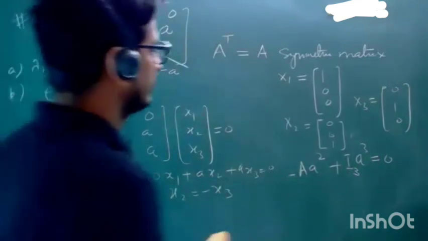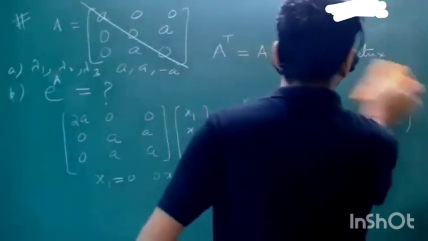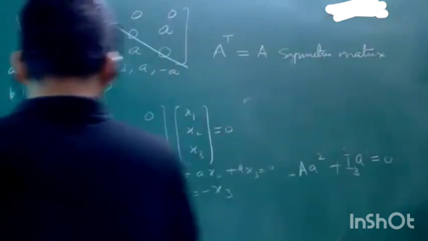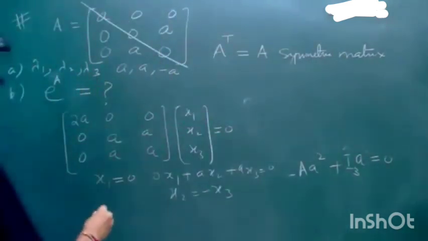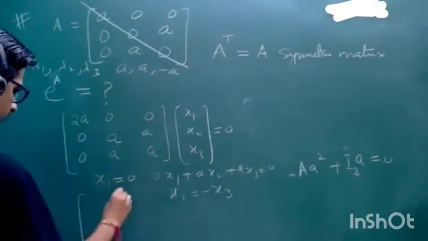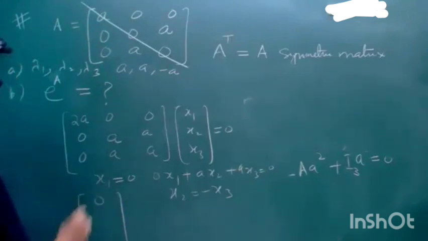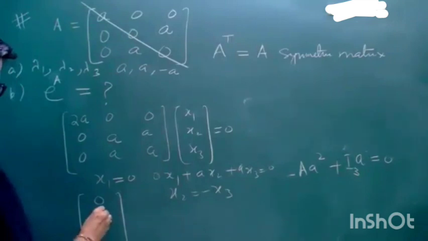So what will this become? x1 is 0 and x2 is, suppose, 1, and this will become minus 1.